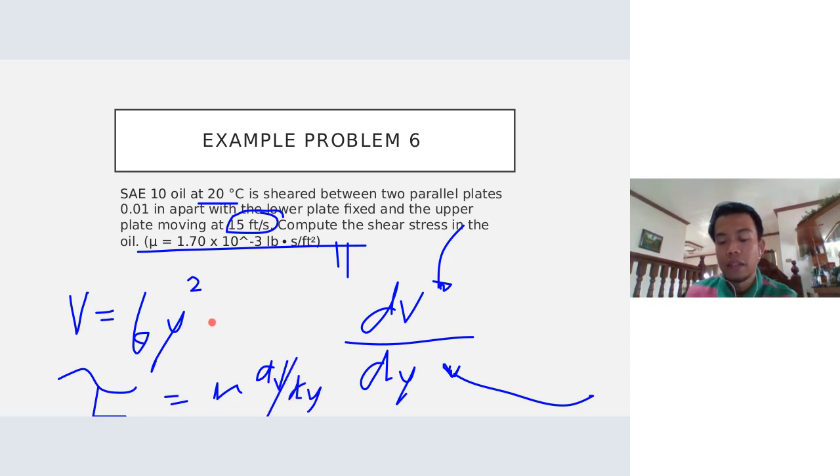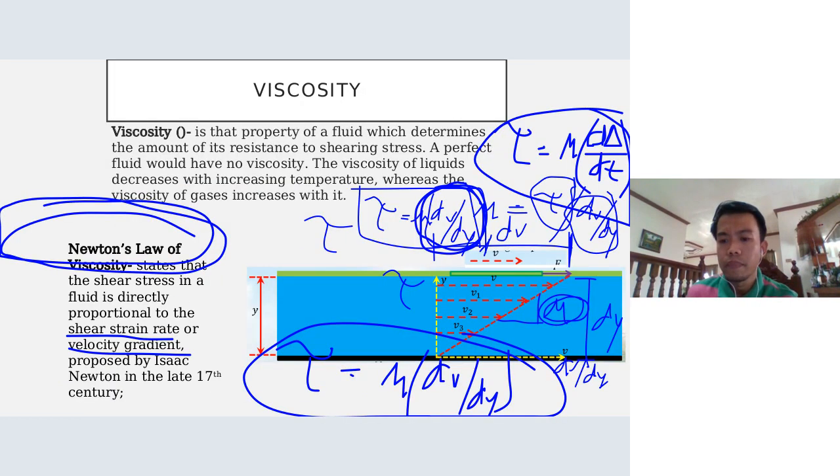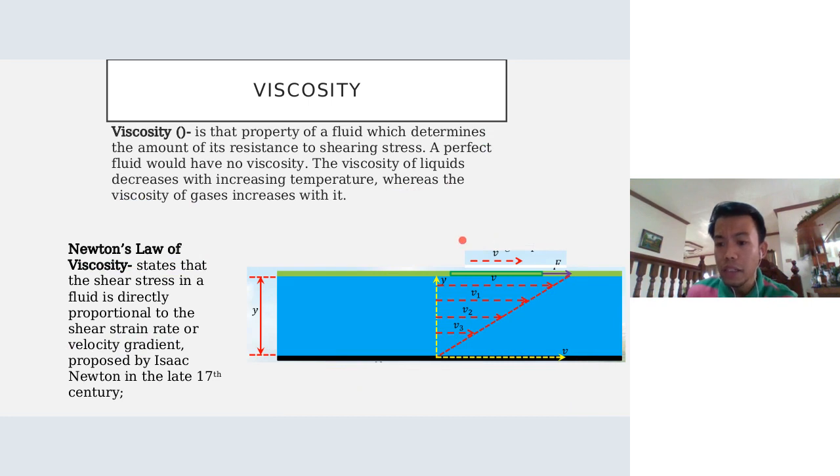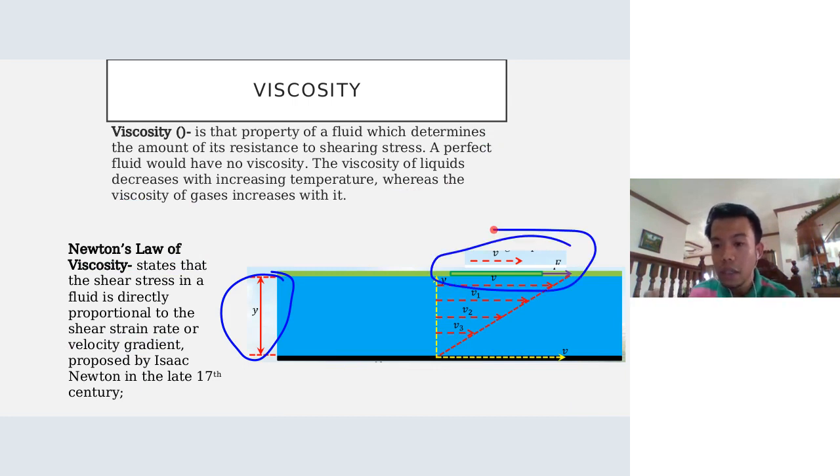Again, we differentiate because the velocity has something to do with the height of the fluid. As the height changes, the velocity also changes.